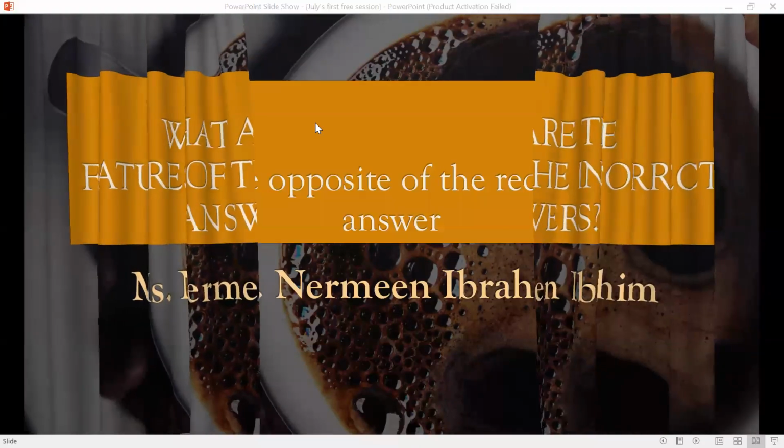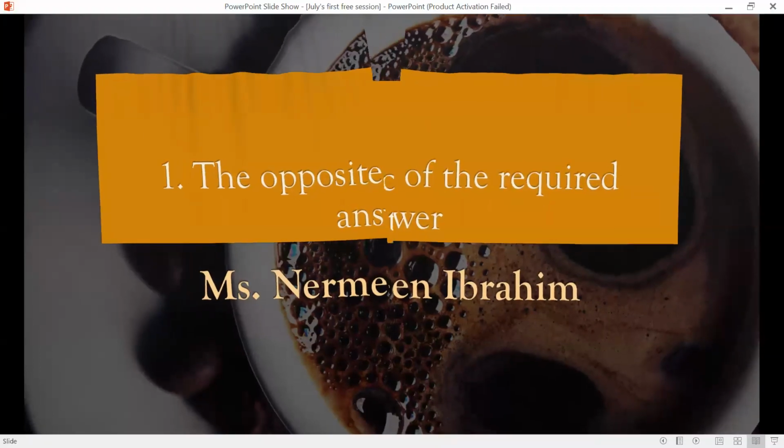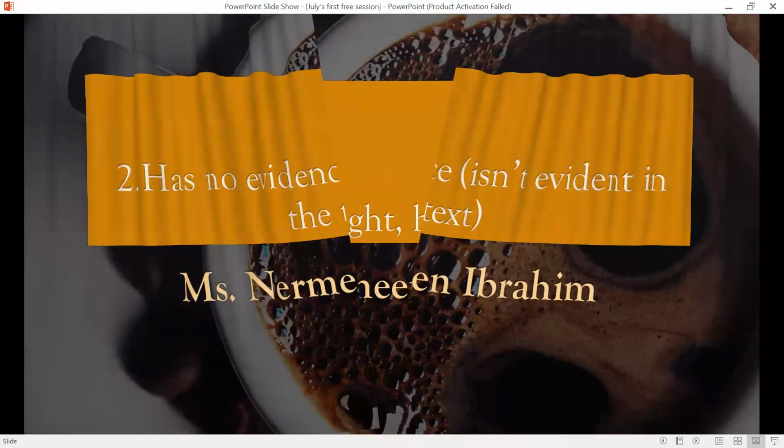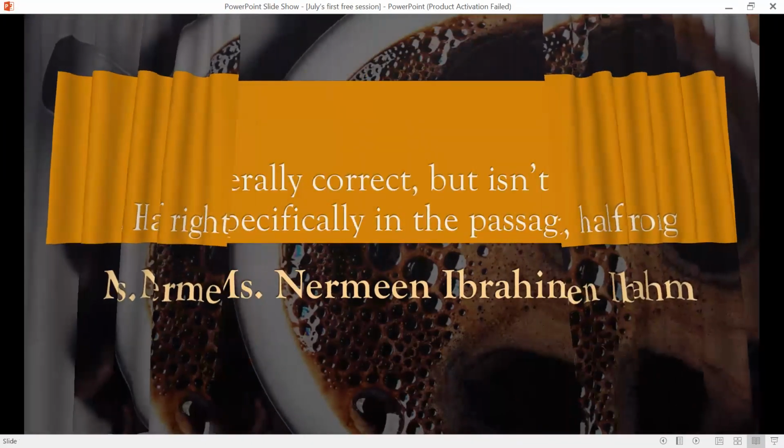Some very obvious wrong answers will be the exact opposite of the required one. And the answer that has no evidence is considered to be a wrong answer. Also, the answer that is half right, half wrong is considered to be a wrong answer.